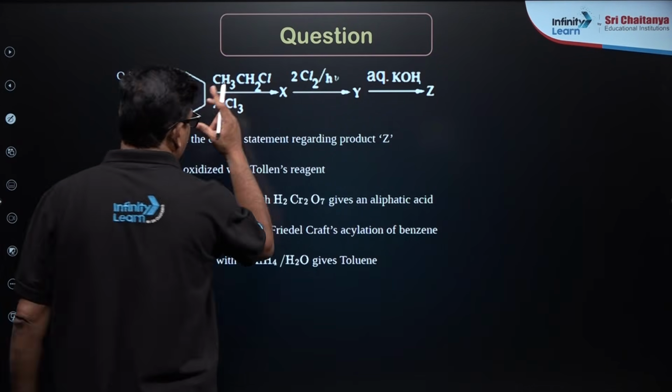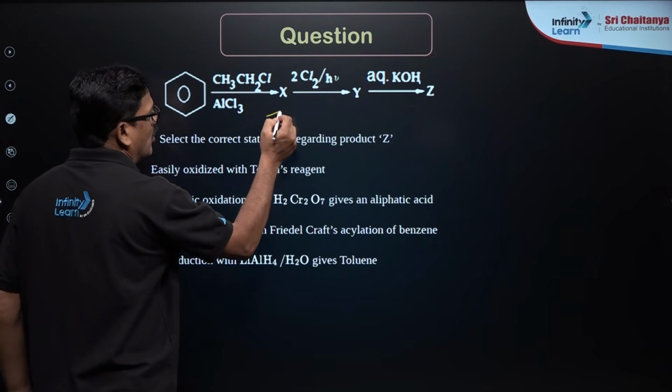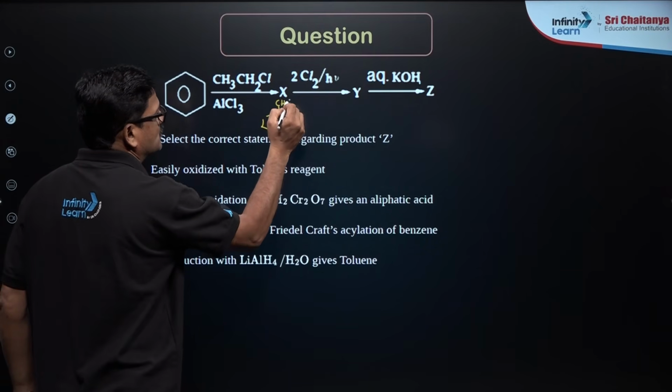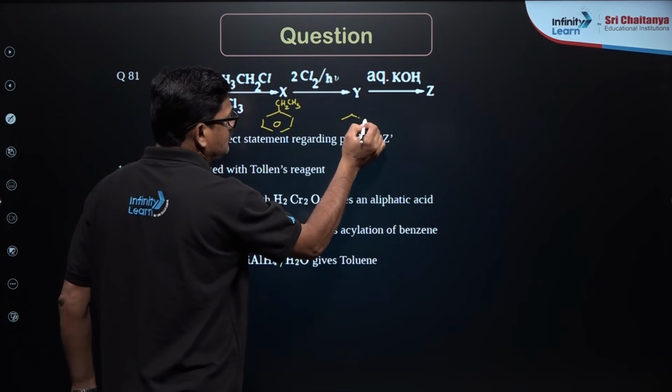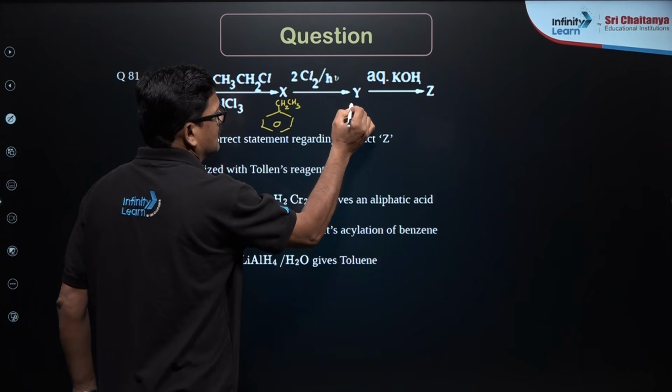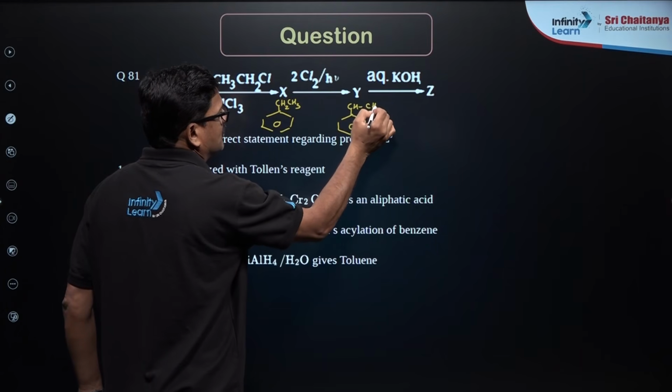Students, let us see the route mapping of the organic structure that is given. Benzene treated with ethyl chloride, you are going to get ethyl benzene, CH2CH3. If it is treated with chlorine, you will have CHCl and CH3.